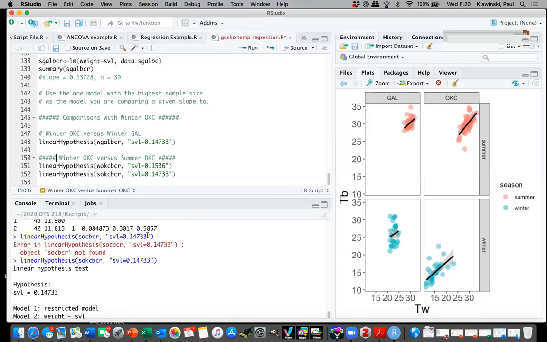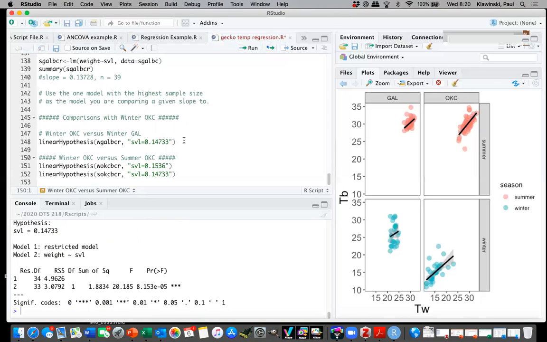So like when we put that in our write-up, like what does that mean? So in this case, for the Winter, Oklahoma City situation, you have a p-value that is really tiny, which basically means that the slope of... let me write this up on the board.